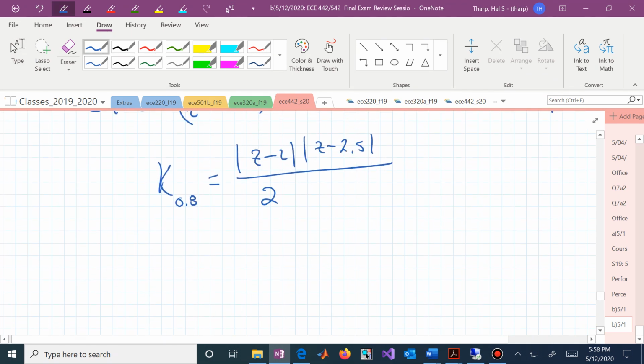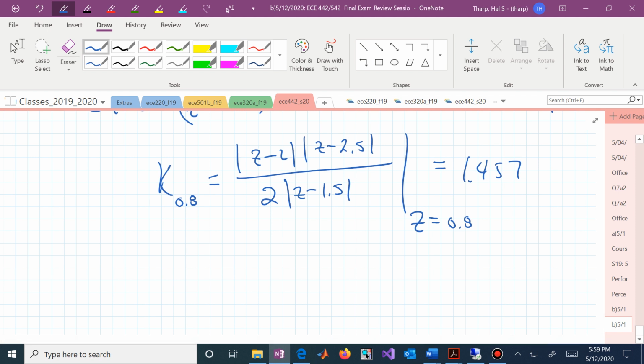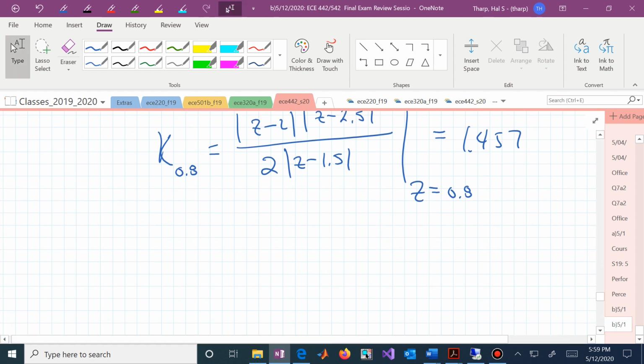So we now need to take that into account, and we can now evaluate that at 0.8 so that our stabilizing controller, we now found the pole. It was at 2.5. We do this computation, and hopefully I've done that properly. It's now 1.457.